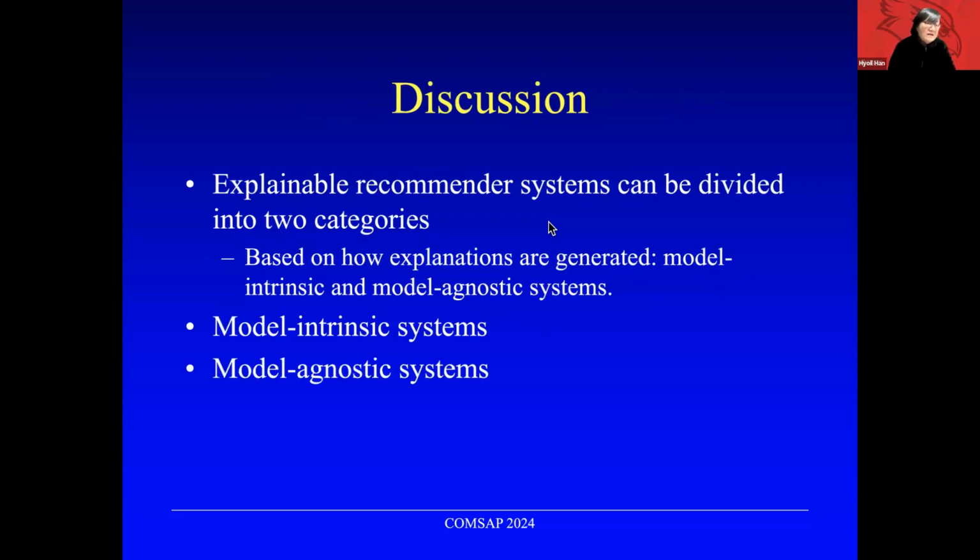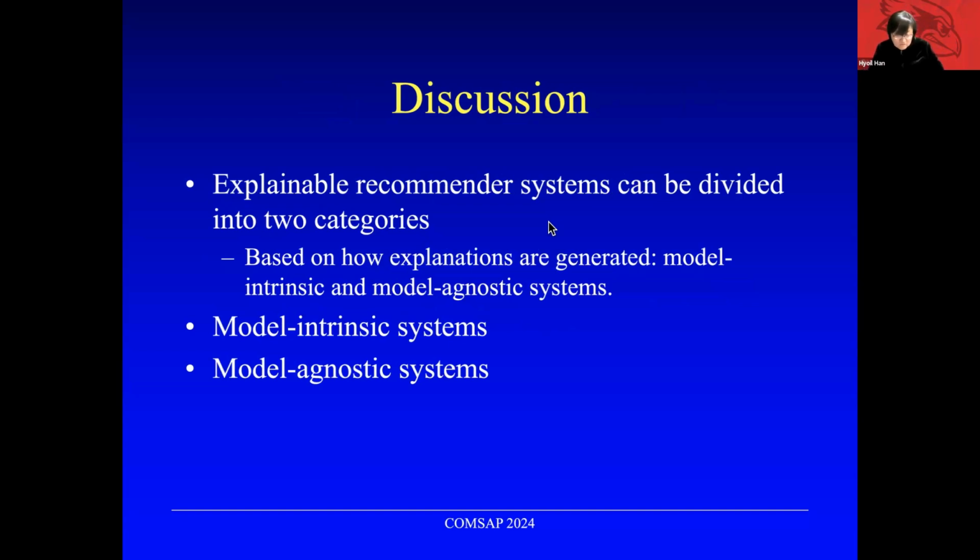When I explained, I mentioned model agnostic systems. For explainable recommender systems, there are two different types, and we categorize them based on how explanations are generated.